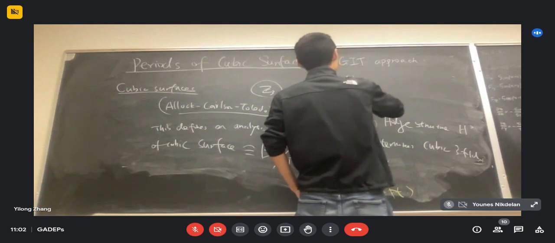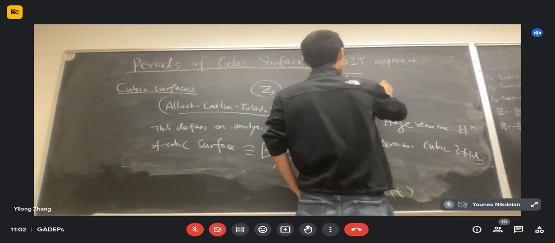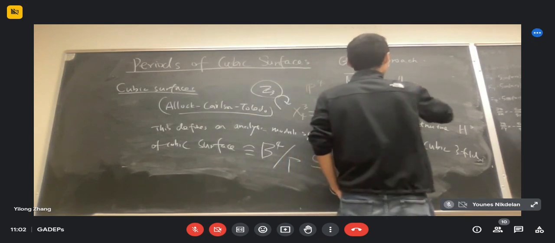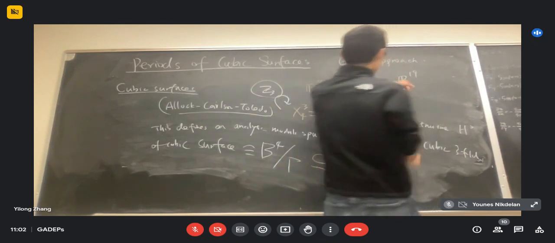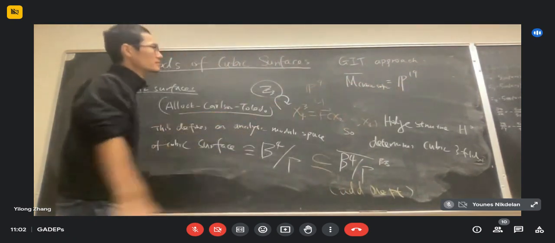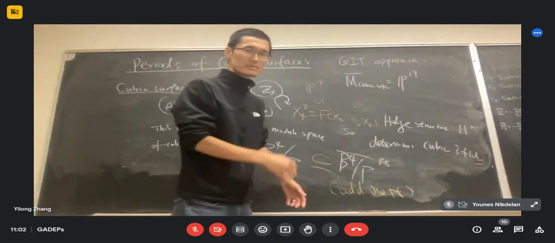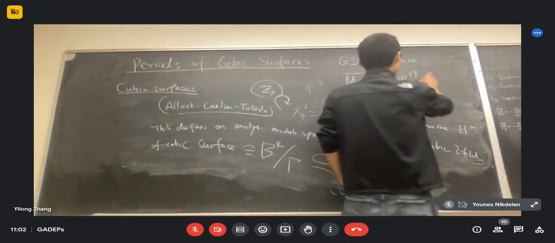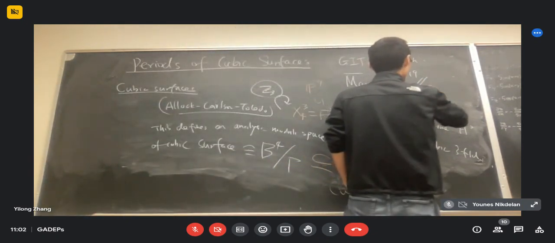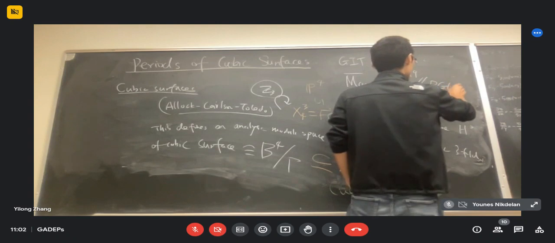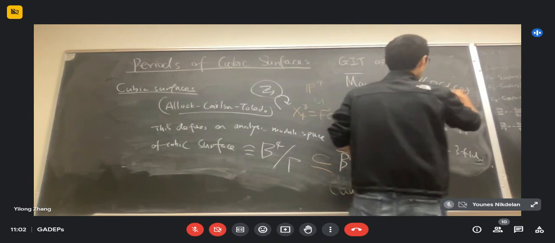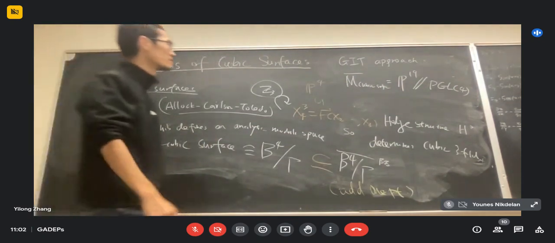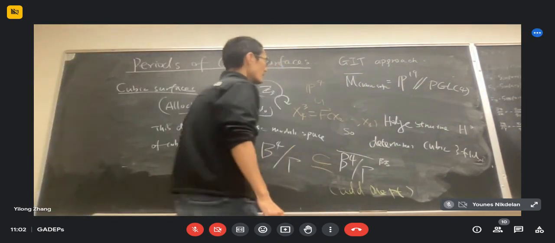We consider the moduli space of all the cubic surfaces, as the projective space of all the cubic equations in P3, and then quotient by the PGL4 action.